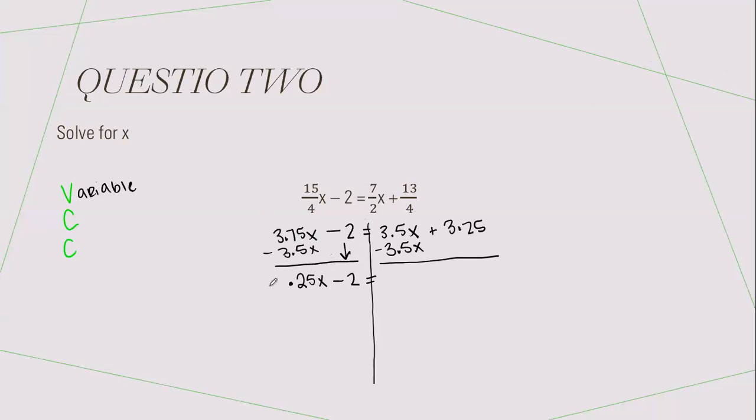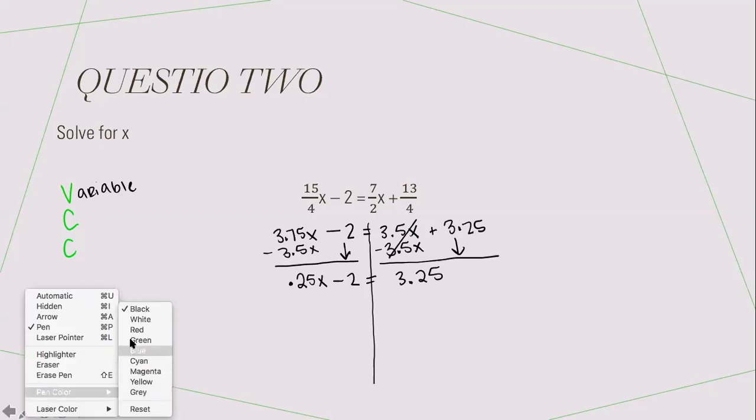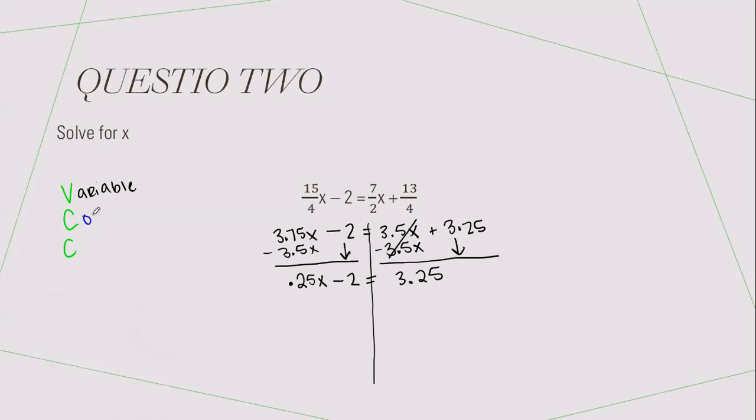There you go. So 0.25x minus 2 equals, this cancels out, I'm going to bring down the 3.25. All right, so we got rid of our variable. So now we need to get rid of our constant. So what am I getting rid of? The -2. Perfect, yes.